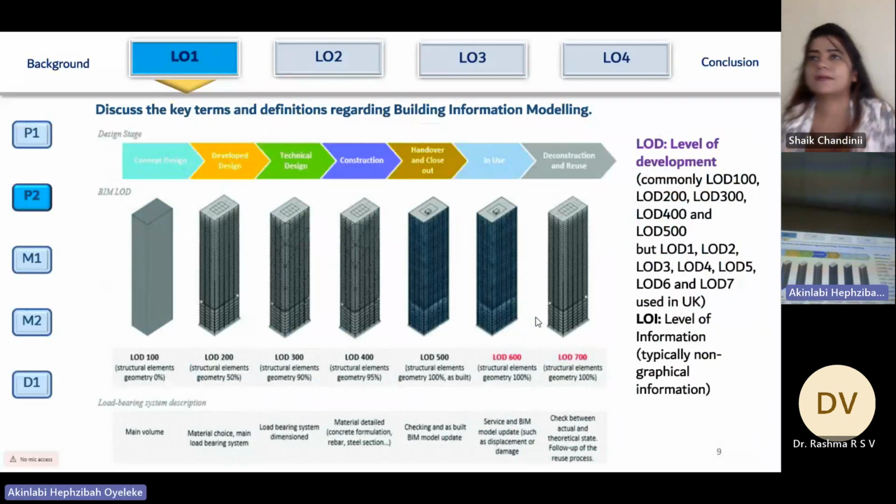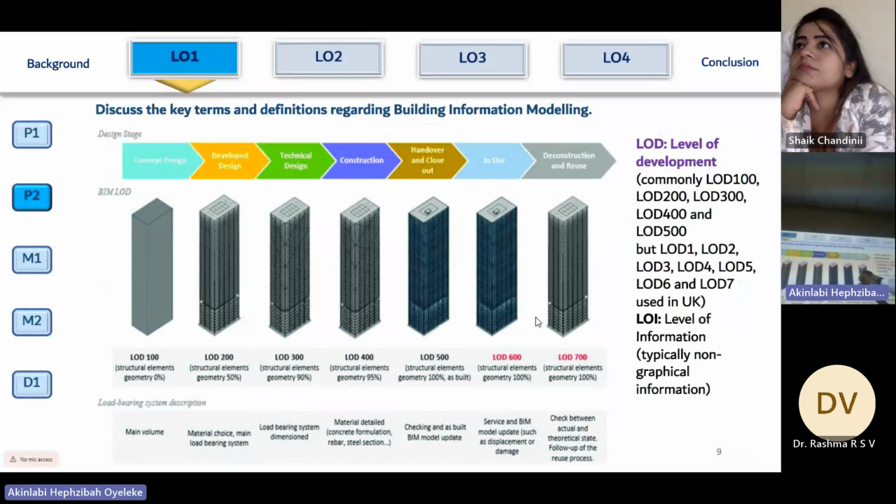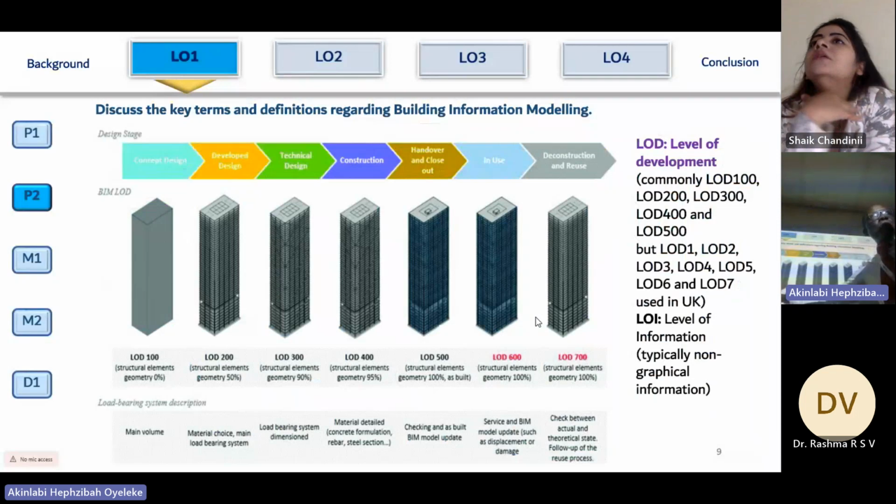Another key term is the level of detail or the level of development, which can be defined as LOD 100. Some countries use LOD1 or LOD2. In some countries, they use LOD 100, LOD 200. This is talking about the level of details from conception to the built model. The level of details at conception is generic.